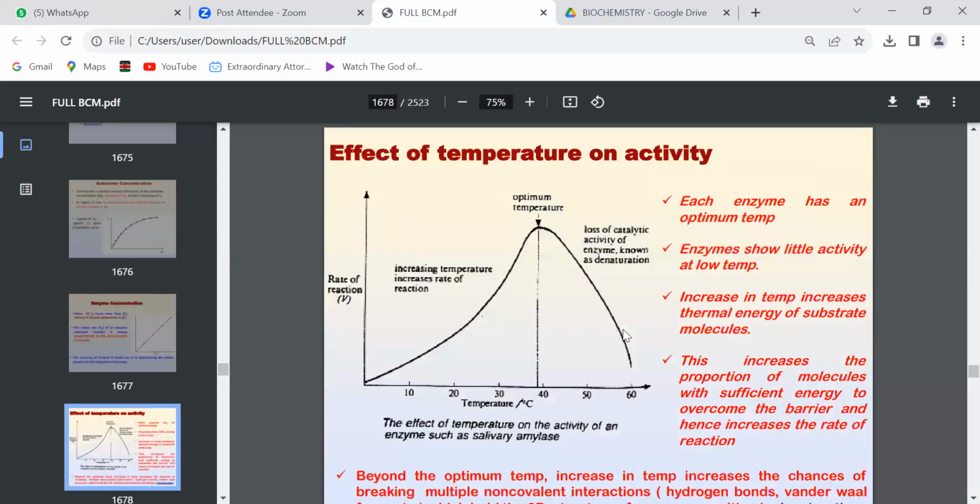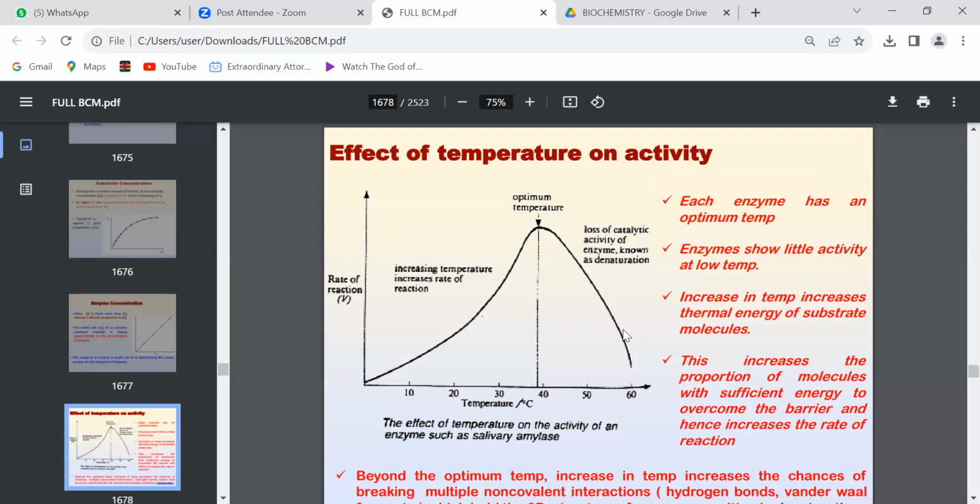And then for temperature, each different enzyme has a different optimal temperature where they work to the optimum. So let's say when you are working under low temperatures and you increase the temperature, you end up increasing the reaction rate because you increase the kinetic activity of the molecules.